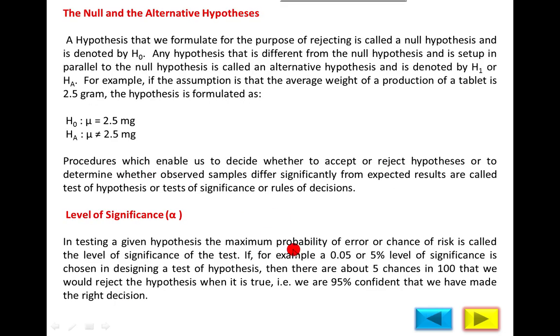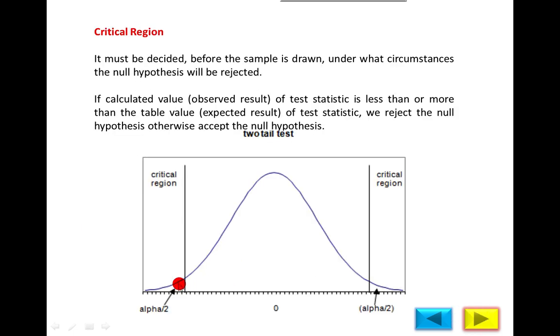If the value of alpha is 5%, this area and this area represent the 5% area, and this is called the critical region or rejected region. This is the acceptance region. If the calculated value, the observed result, lies in the acceptance region, we accept the null hypothesis. If the calculated value lies in this region or this region, we reject the null hypothesis.